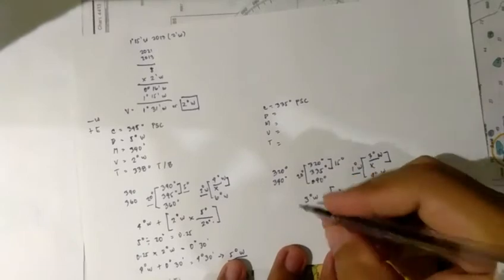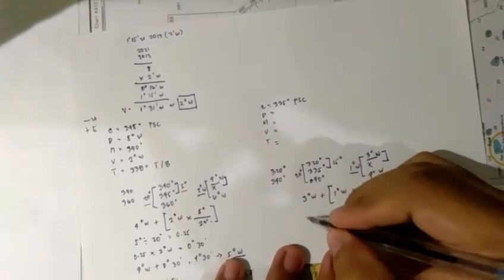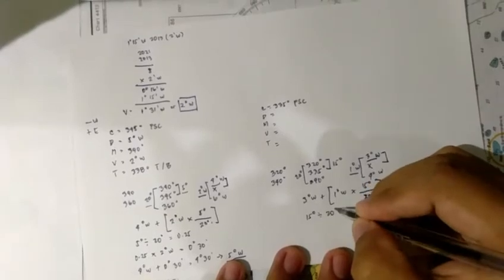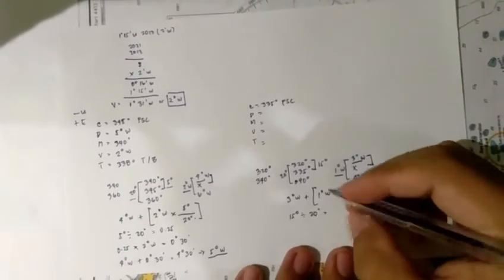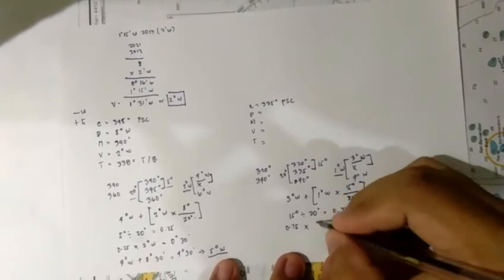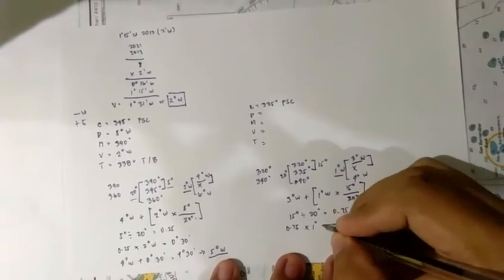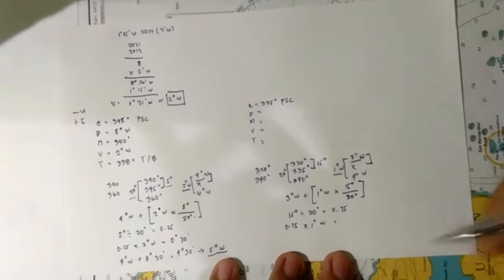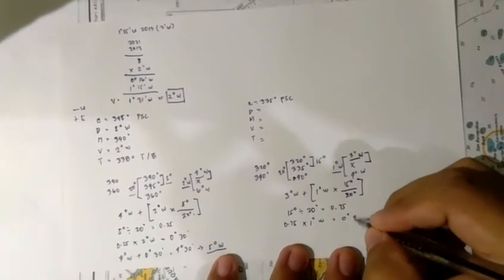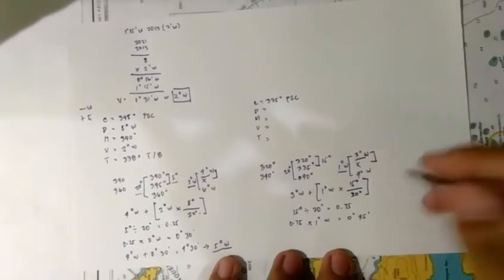So we will first divide 15 degrees by 20 degrees, and we will get 0.75. Next, we will multiply 0.75 by 1 degree west, and we will get 0 degrees and 45 minutes west.